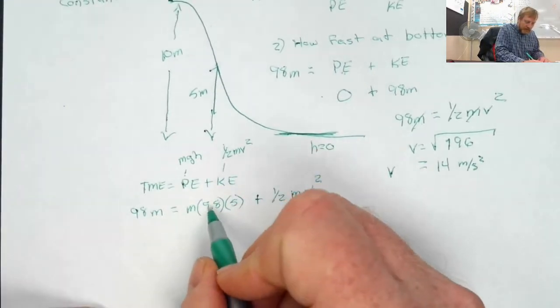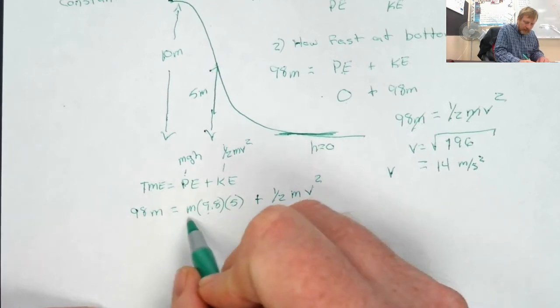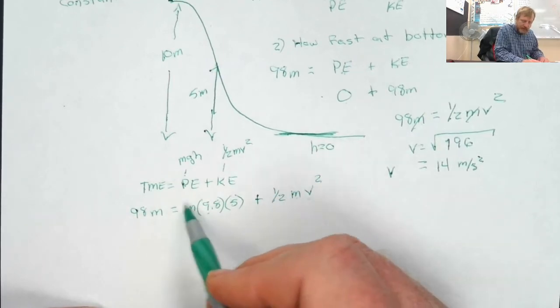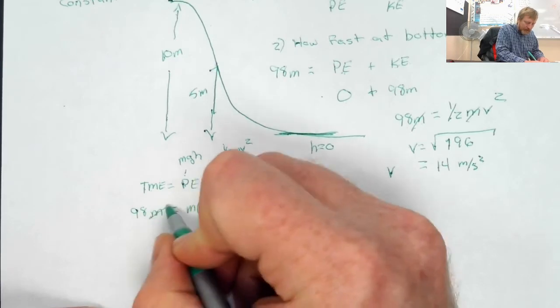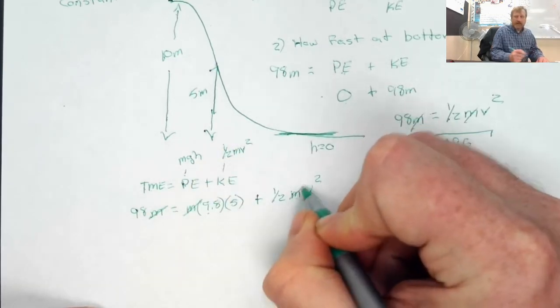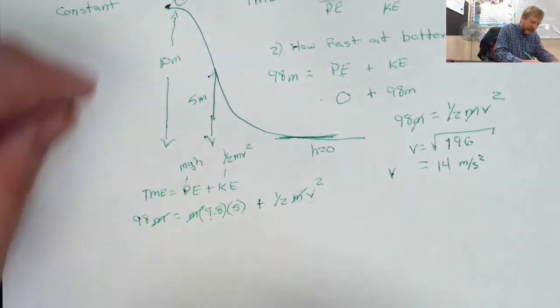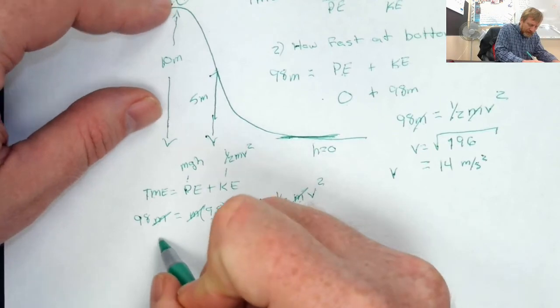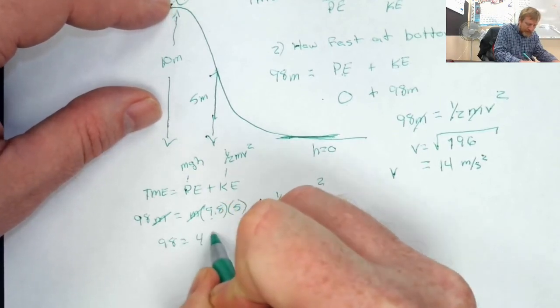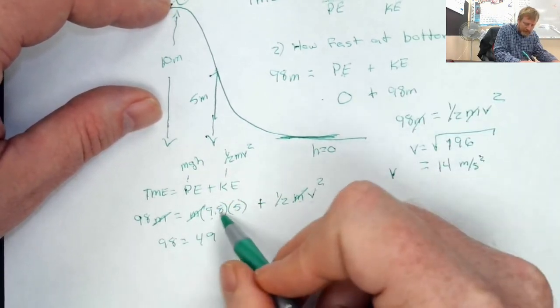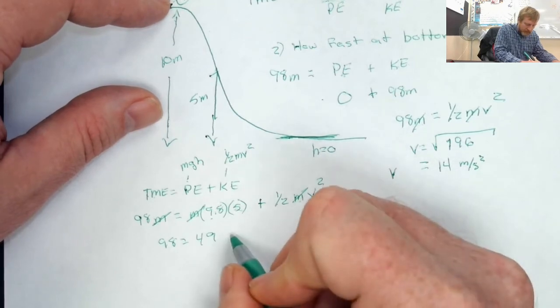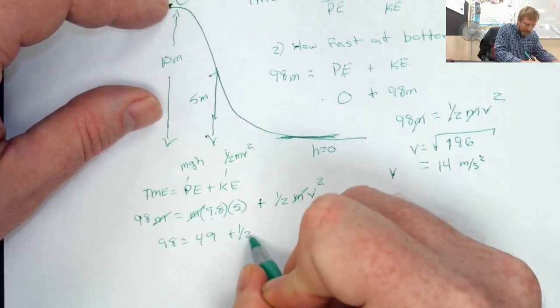Okay, so notice m is in every term, so we can divide it out from both sides. The mass is inconsequential in these particular problems. And so we're going to get 98 equals 49, half of 98, plus 1/2 v squared.